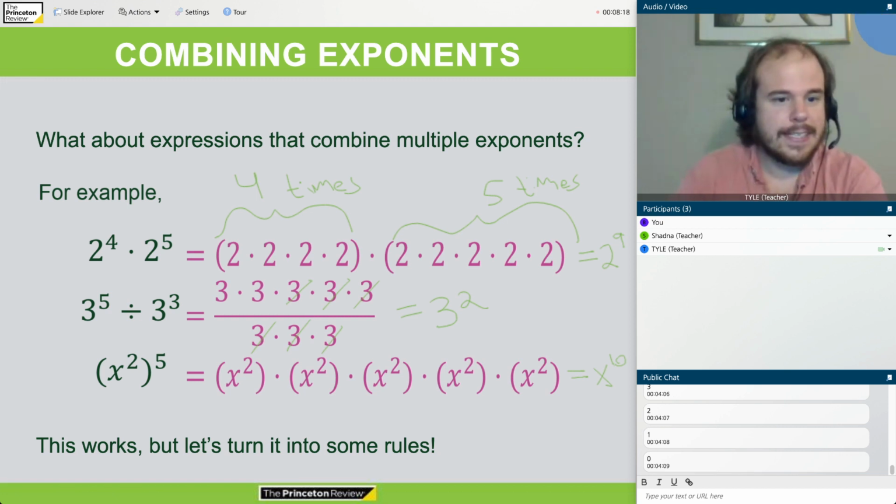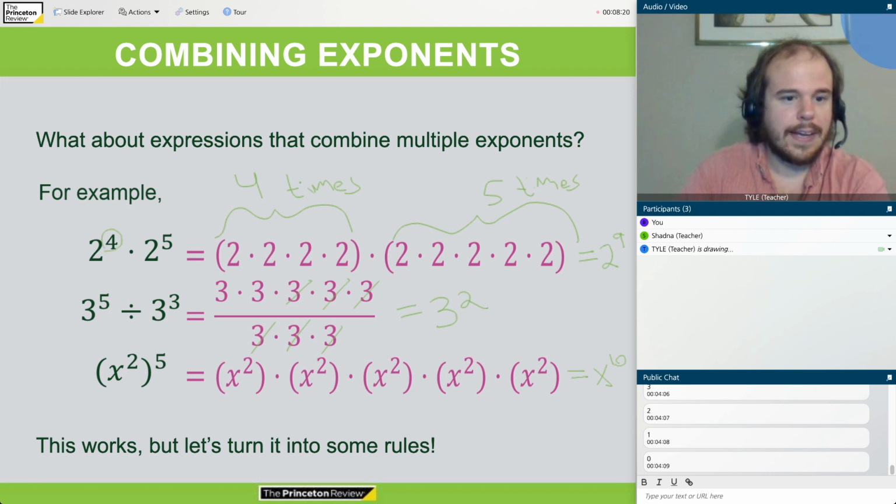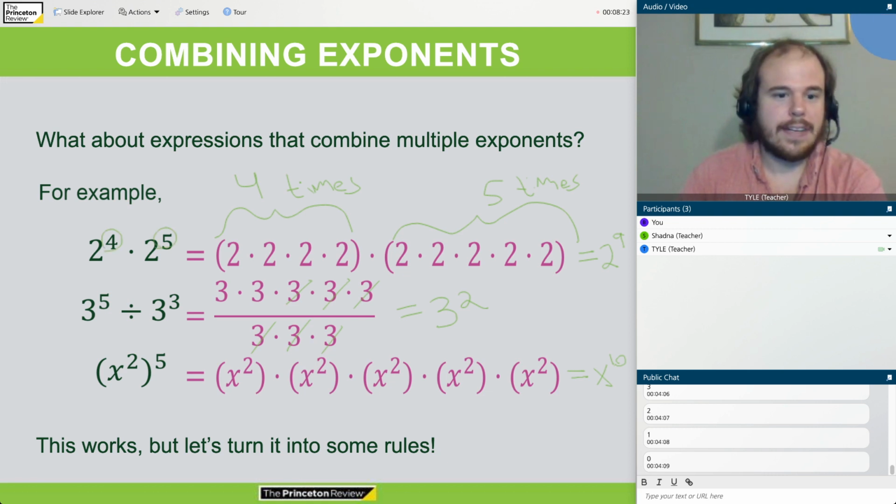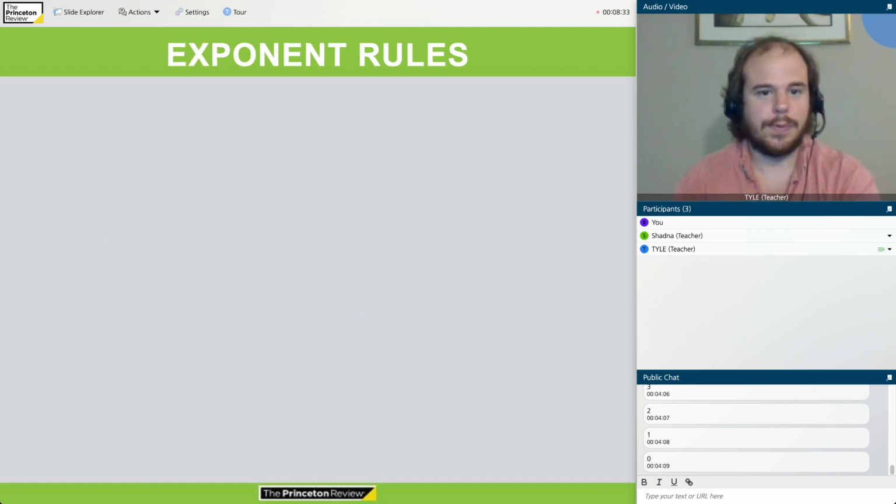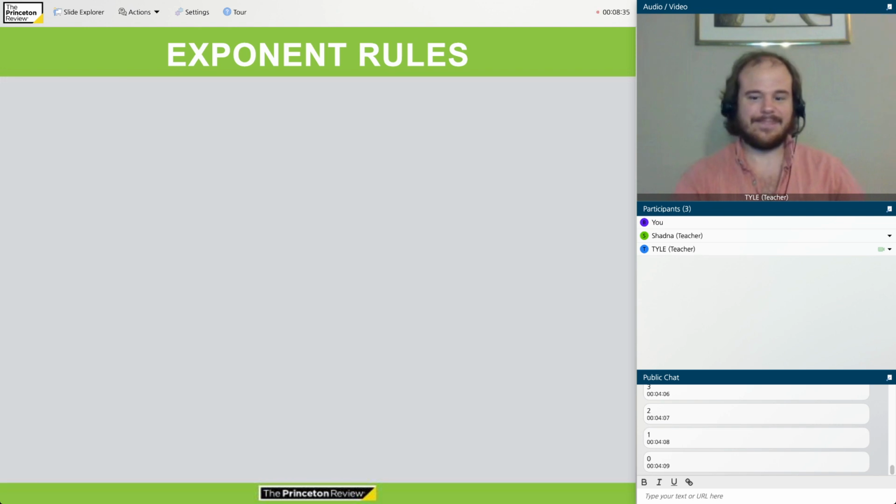And notice that this 4 and this 5 add up to give us 9. 5 minus 3 here gives us 2. And in the third example, the 2 and the 5 multiply to give us 10. So that'll be the basis for the general rules that we're about to see on the next slide.